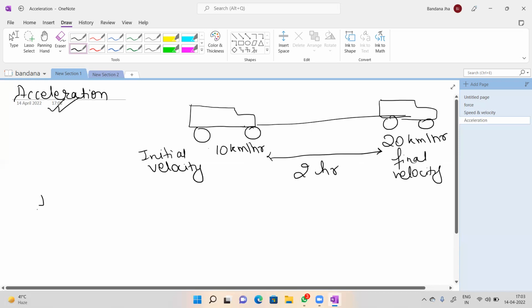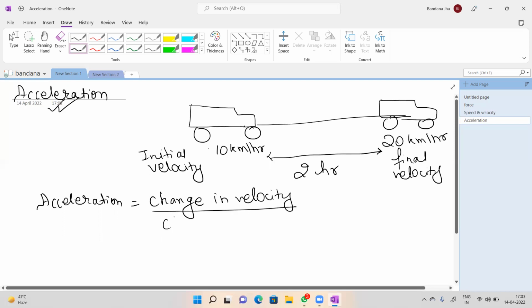Acceleration is change in velocity upon change in time. Change in velocity means final velocity minus initial velocity, upon time.